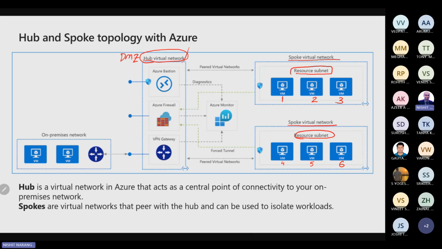So I have my VPN gateway in the public hub virtual network. Any on-prem site-to-site VPN connections terminate here. And then the traffic from here passes to the spoke virtual network. The traffic coming from the internet can all terminate at the Azure firewall.